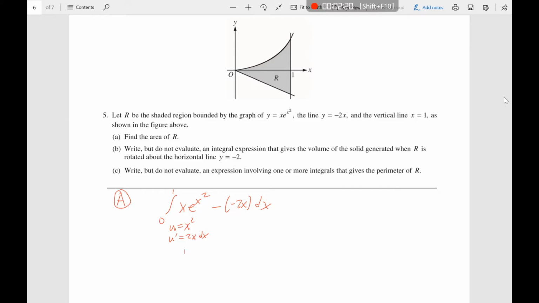Perfect. Okay, and this is plus 2x, so what happens when I integrate 2x? X squared, okay, and we're still going from 0 to 1. So if I plug in my upper bound, what's going to happen?